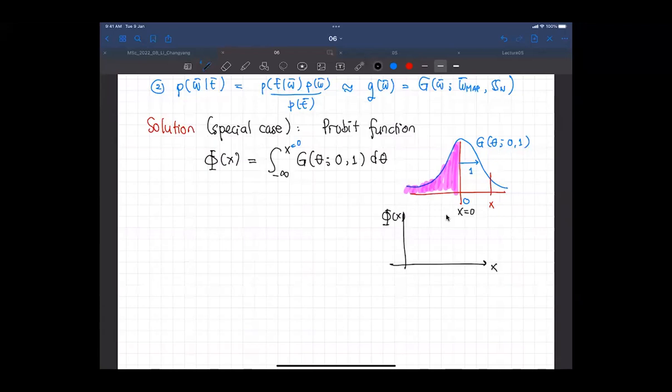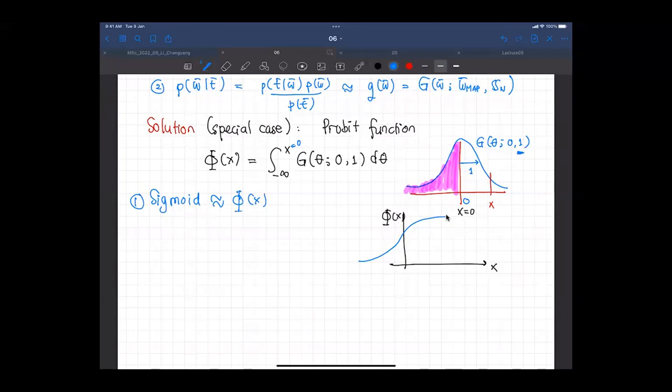Depending on the parameters, it will look very much like a sigmoid. So the sigmoid function can be approximated by the probit function. That's the key. This is one thing that we have to keep in mind.